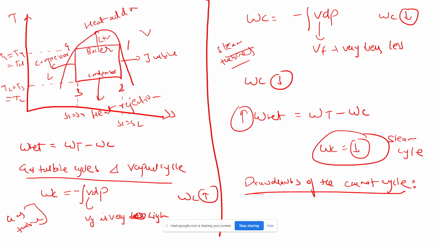So it is a combination of both liquid and vapor. Therefore, you can also write it as latent heat LV. It is in a biphase. That's why the compressor work is lower.